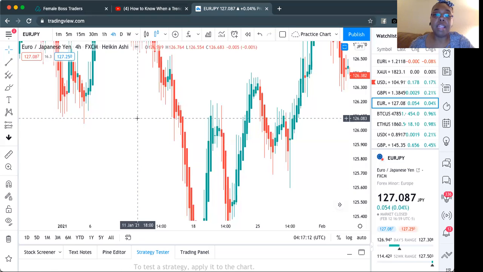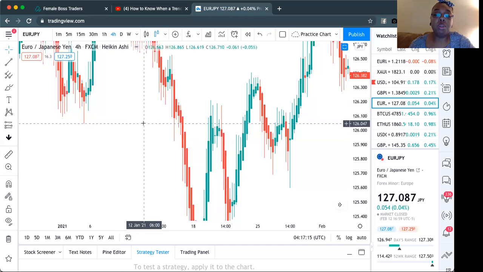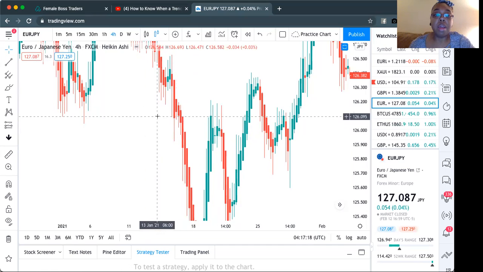There's more clarity for me on the Heikin Ashi. Now, some people say they don't like the Heikin Ashi because it provides false candles, so it's not accurate, is what I've heard some traders say. But I like it to see where the trend is going, because I pretty much trade off the trend, and I highly believe the trend is your friend.